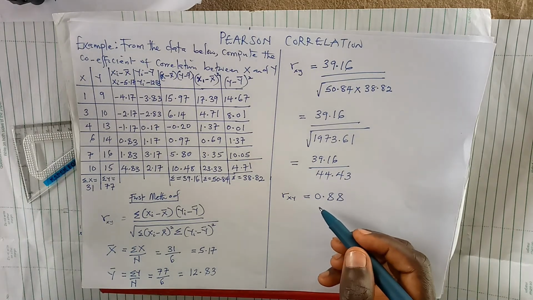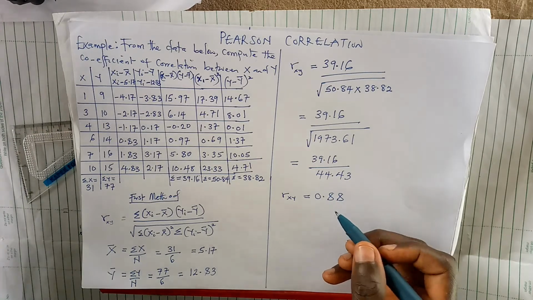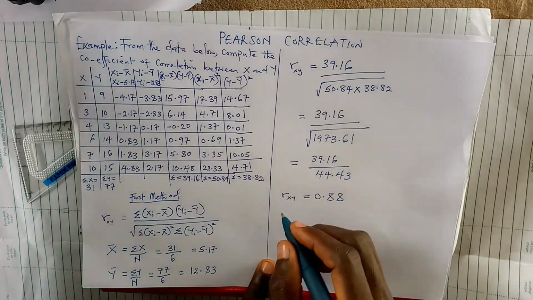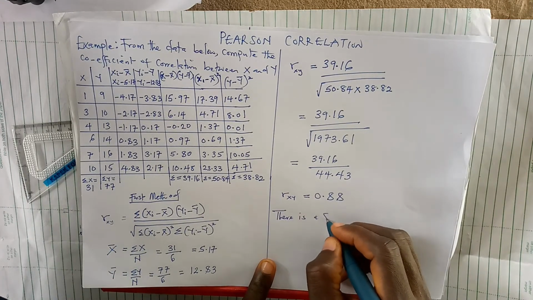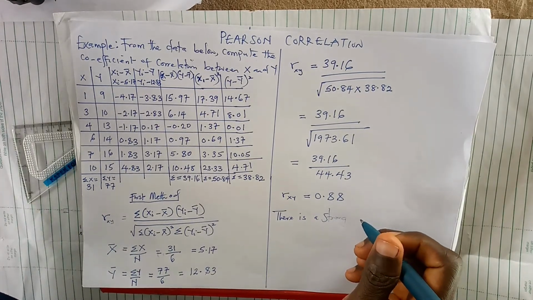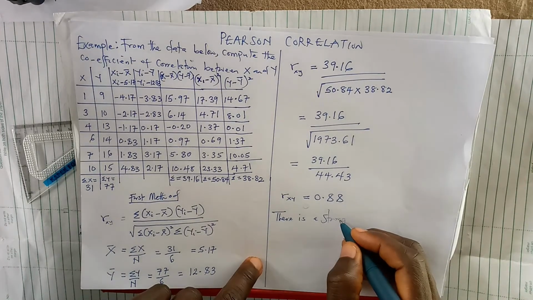If I approximate it to 1 decimal point, this is 0.9, which is very close to 1. What do we say about this relationship? We say there is a strong relationship between x and y.